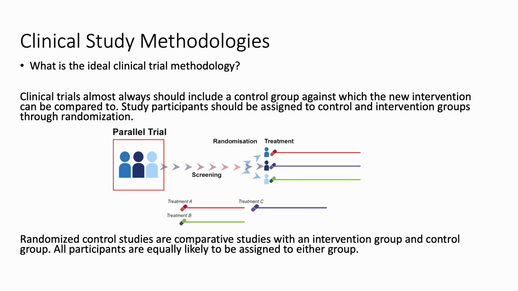All participants are equally likely to be assigned to either group. And again, here we also talk about simple masking or double masking, or simple blind or double blinded studies where the investigator and or the study subject may not know which product they are taking, or which dose, or if they are taking the placebo.